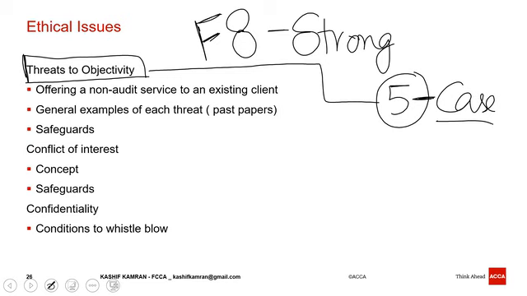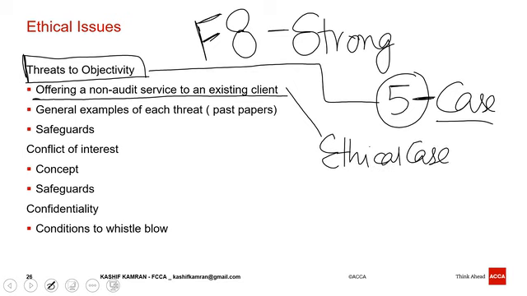Now, in terms of the threats to objectivity, there is a scenario in P7 which comes so often, that is offering a non-audit service to an existing client. Most of the ethical cases in P7 go around the second bullet, offering a non-audit service to an existing client.